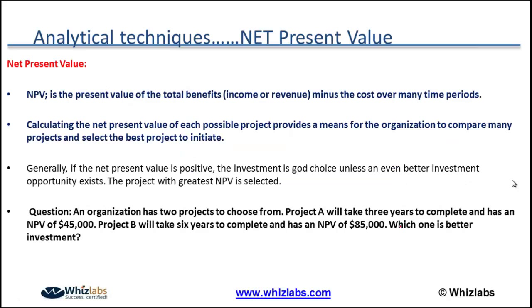So let's understand what net present value is. It is the present value of total benefit, and again, benefit is income or revenue, not profit, minus the cost over many time periods.